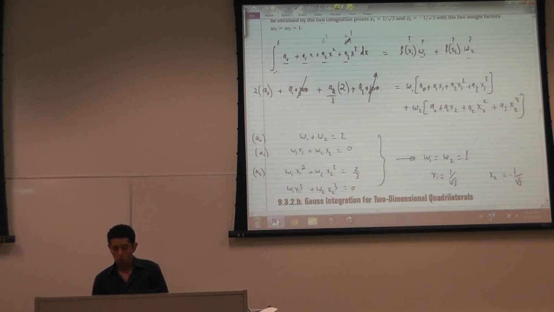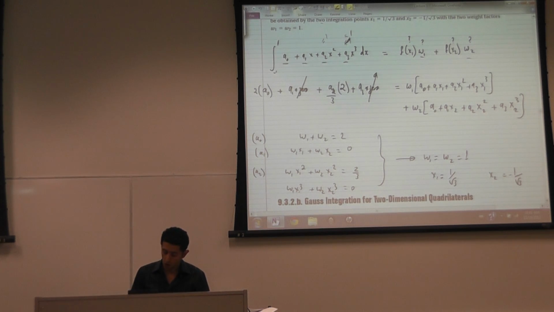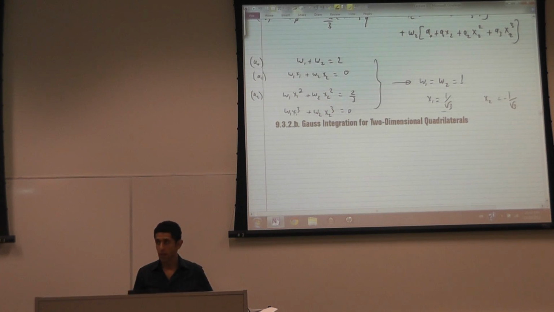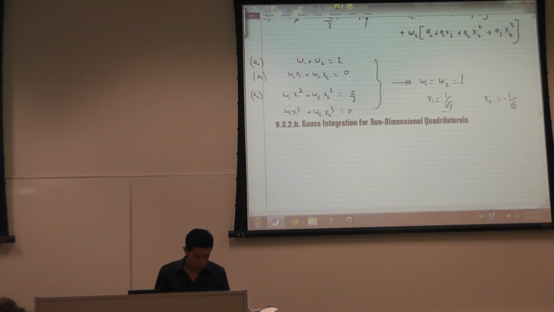If I have any cubic function, all I have to do is calculate that function at 1 over root 3 and negative 1 over root 3, multiply by w, and get the numerical integration. Or in this case, it's an exact integration.